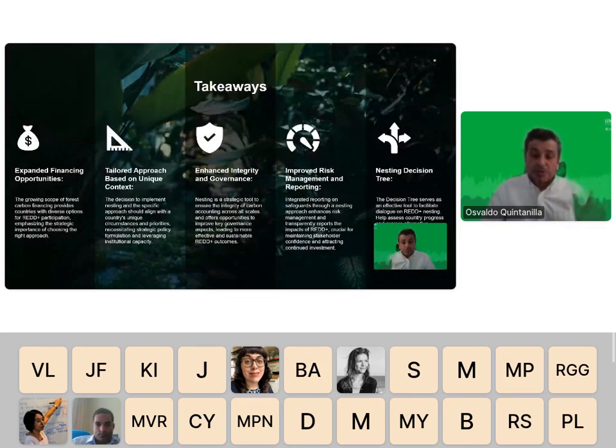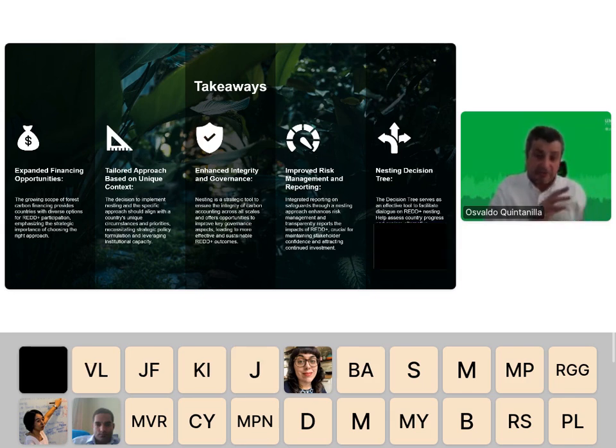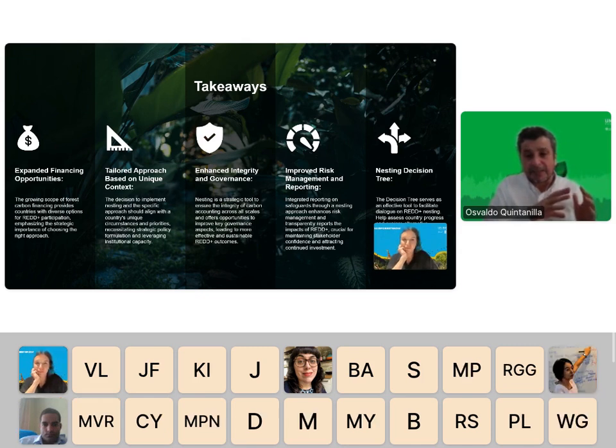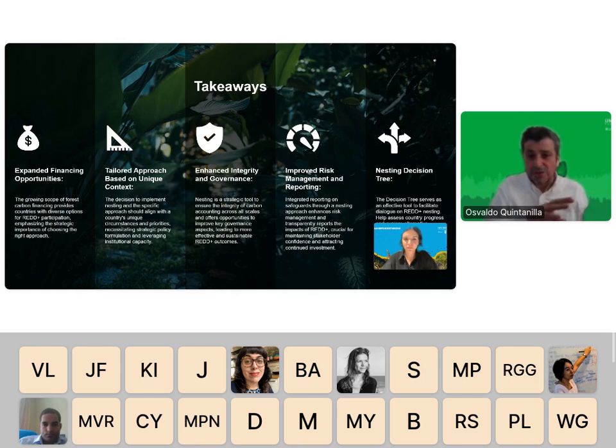As we conclude this presentation about the content of this learning journal, I would like to highlight a few key takeaways that you can find in the document. So first, nesting opens up expanded financing opportunities by providing countries with a wider range of options for REDD Plus participation, making it essential to choose the right approach.